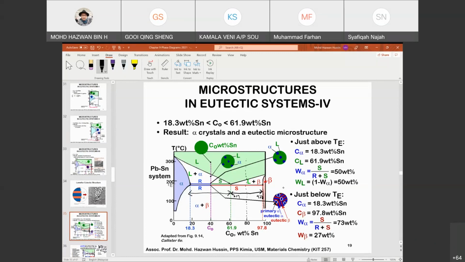So the microstructure will resemble almost the same as what we are looking at in this range now, except that when you have alpha plus beta, for example here, then this will still be the formation of lamellar structure. You still have a lamellar structure.